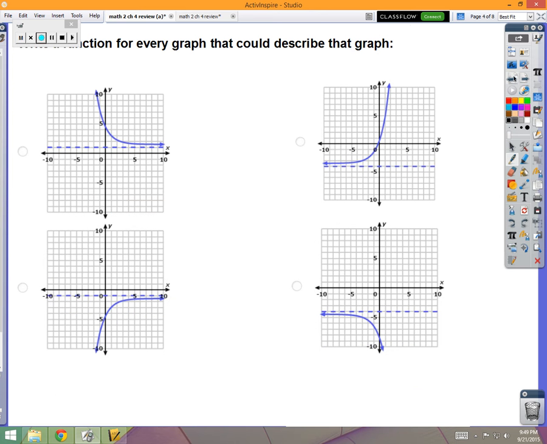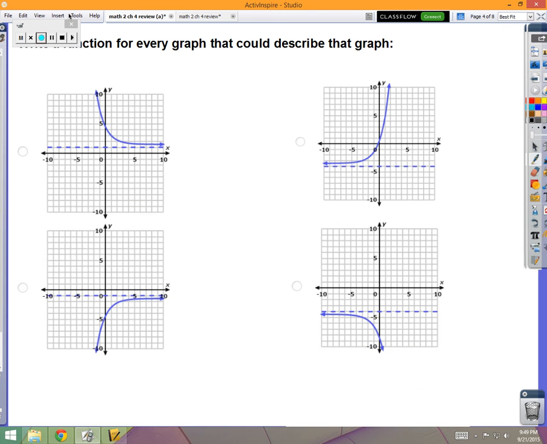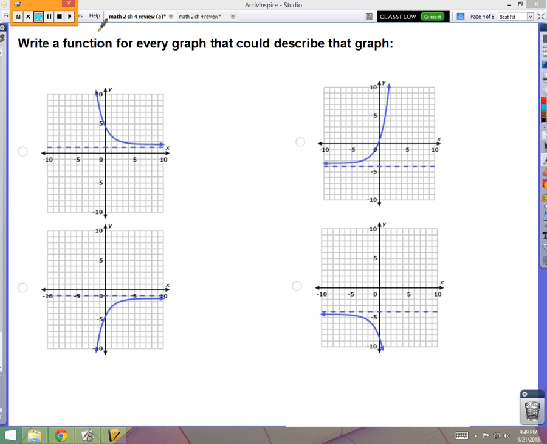Okay, the next one. If I give you 4 pictures, can you write your own equation that could describe the graph? So there's more than one right answer. There's thousands of right answers. This guy right here, the dotted line looks like it's been shifted up 1. So whatever we've got at the end, we're going to have a plus 1. And this one started big, and then as time goes on, it's getting smaller, smaller, smaller.